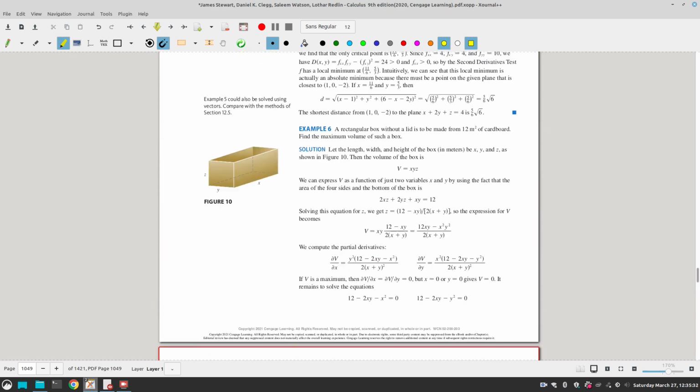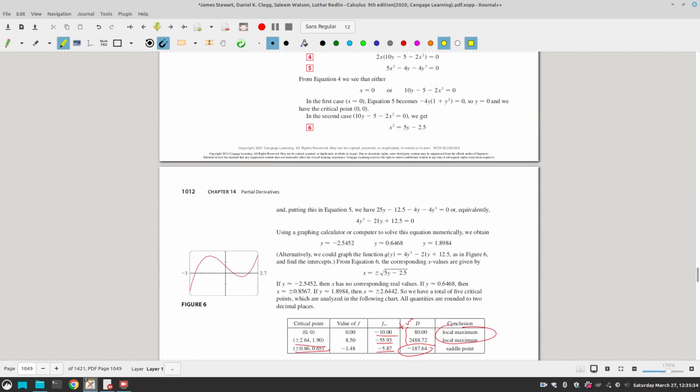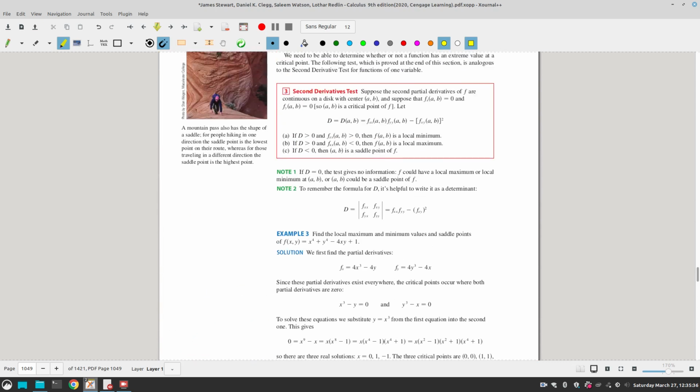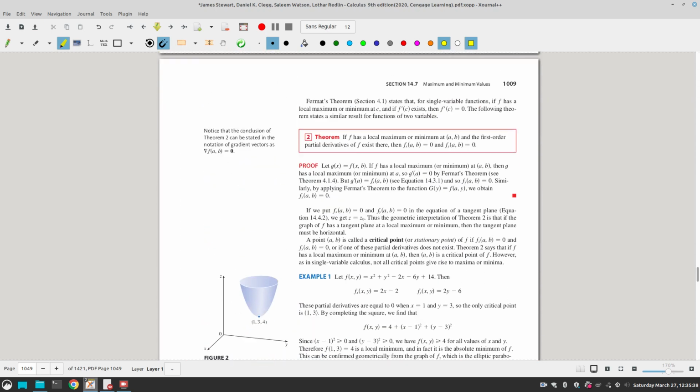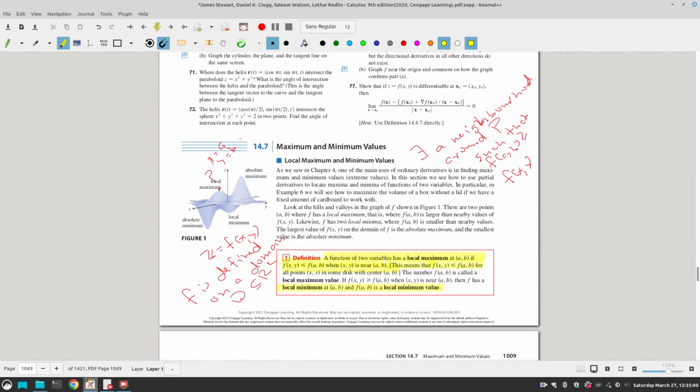So have a look here. In this first example, this is an absolute minimum. This is an absolute maximum. That's because they're absolute maxima and minima on the entire domain, right?